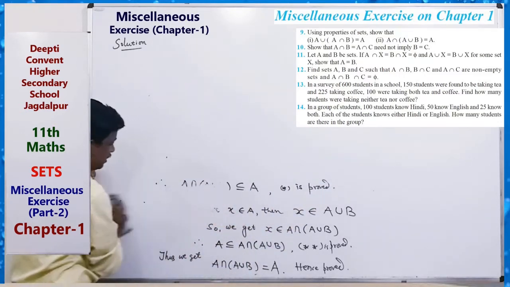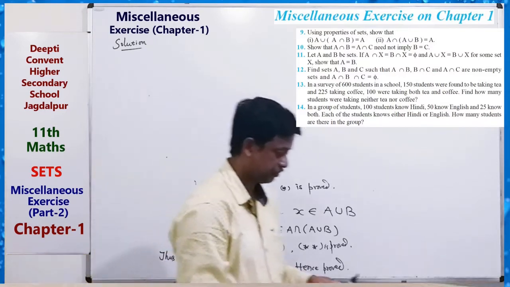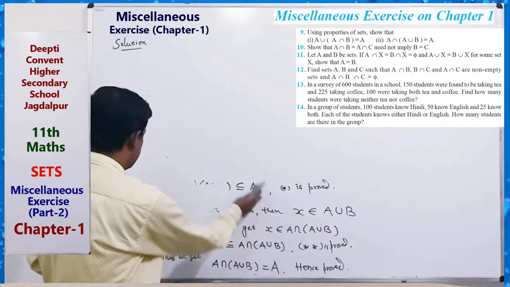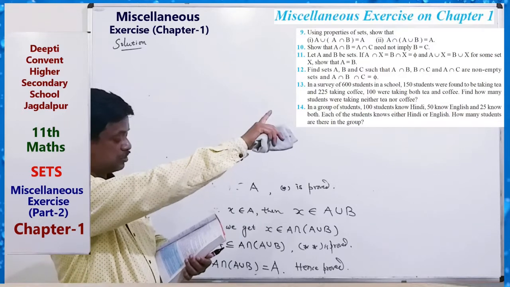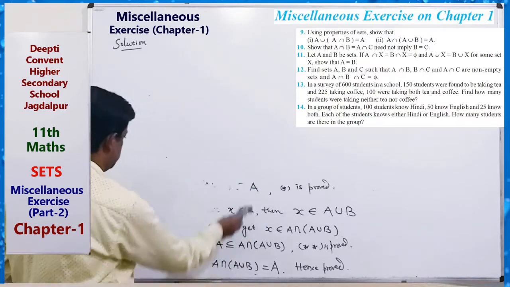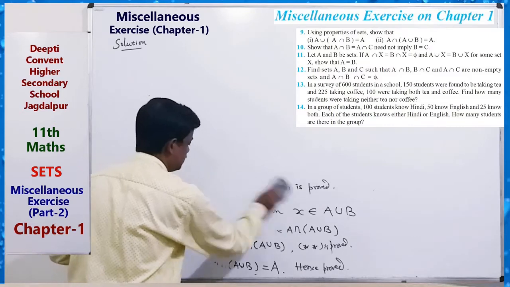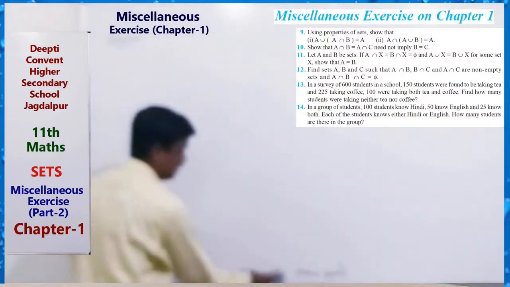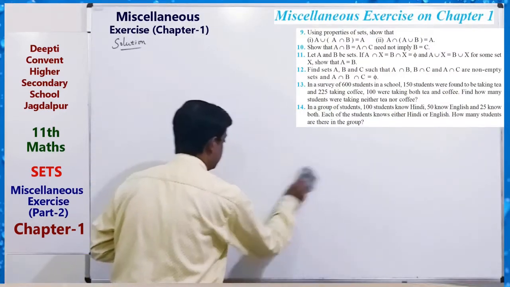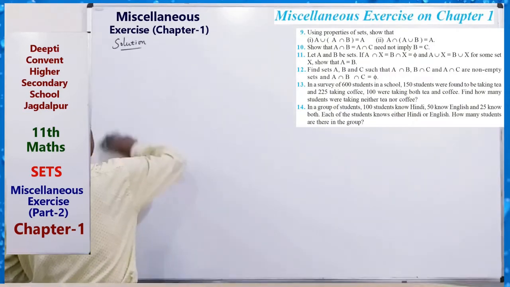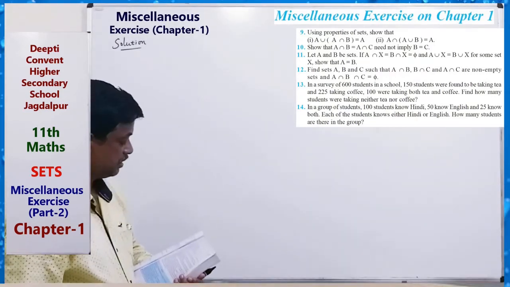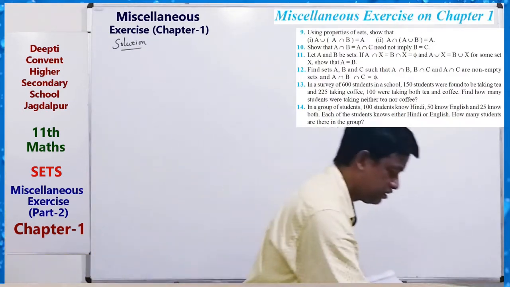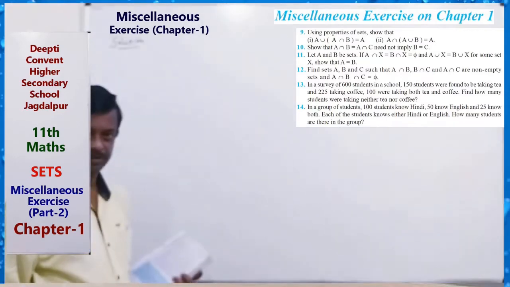Okay. Now take question 10. So that A intersection B equals A intersection C need not imply B equals C. That means if we can give an example for which A intersection B and A intersection C are equal but B is not equal to C, then our question will be proved.